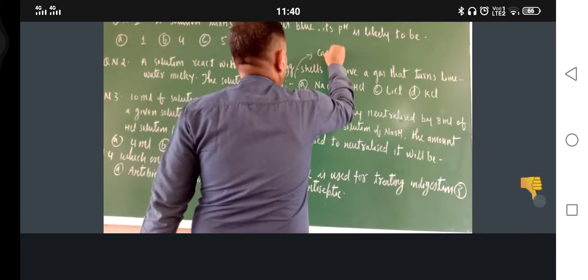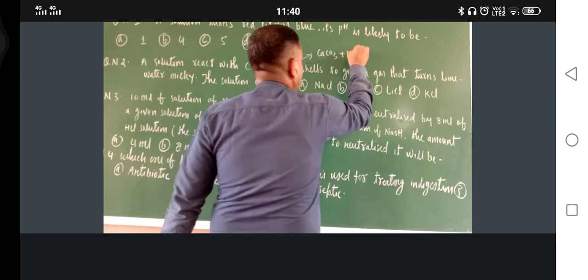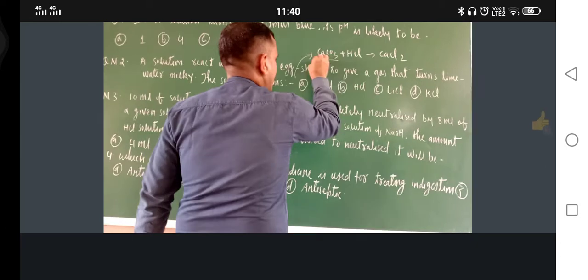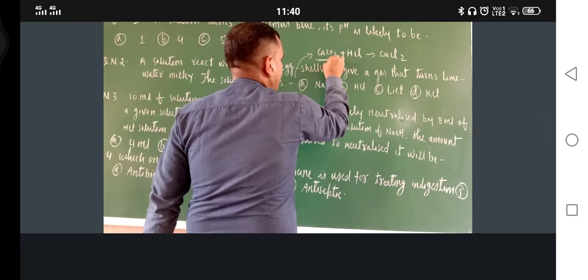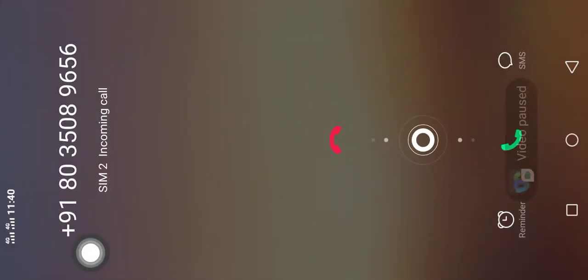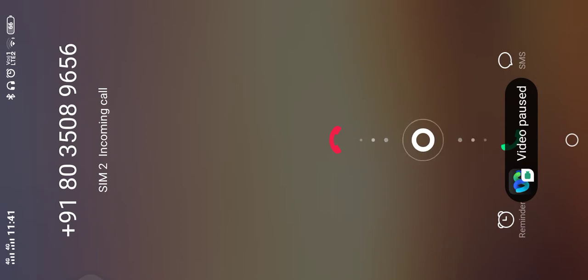See, calcium carbonate reacts with HCl. So CaCl2. This calcium carbonate is the outer covering of egg. Outer covering. Okay, HCl.